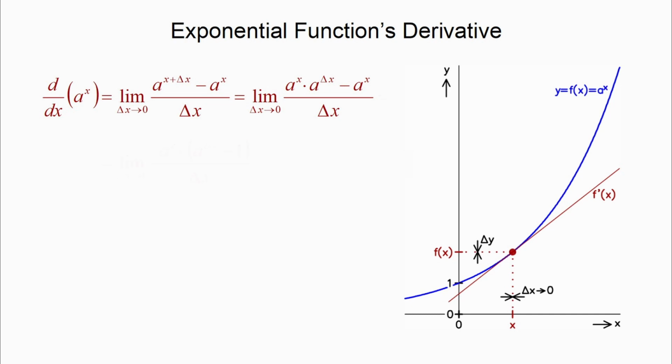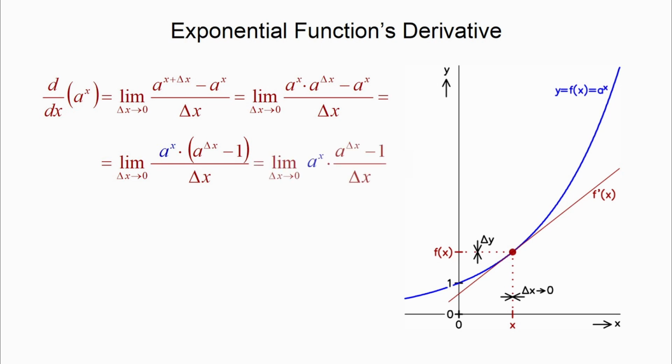As a consequence, a to the x can be factorized from this numerator and taken apart from the remaining fraction. Notice that this factor a to the x serves as a mere scaling factor of the fraction the limit is taken of, since it's not depending on delta x.